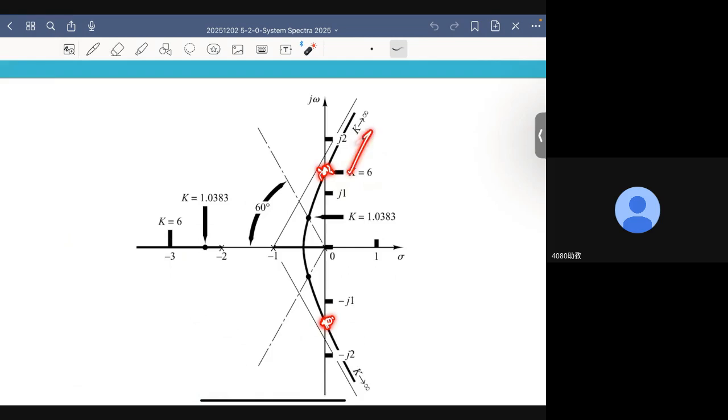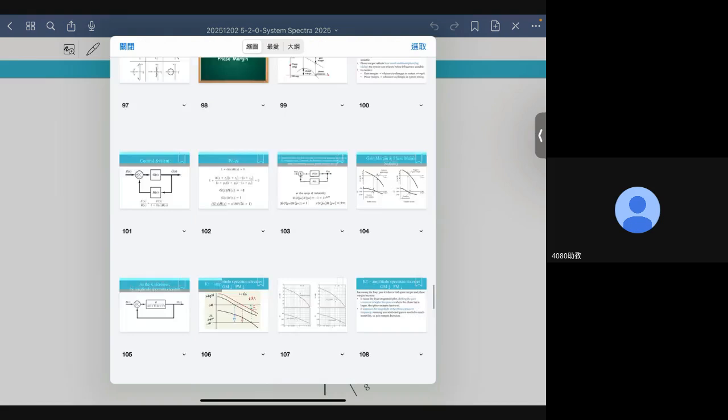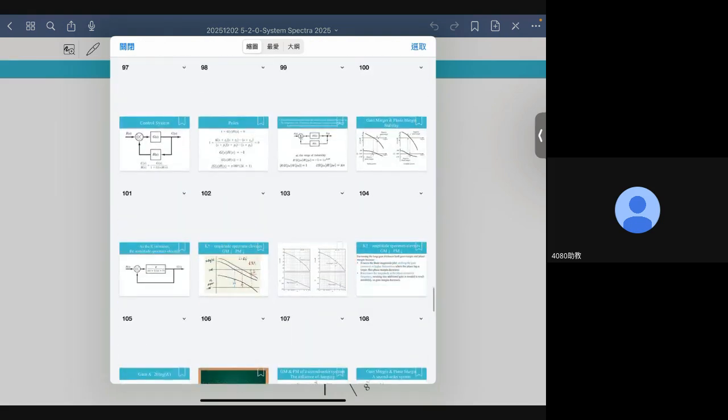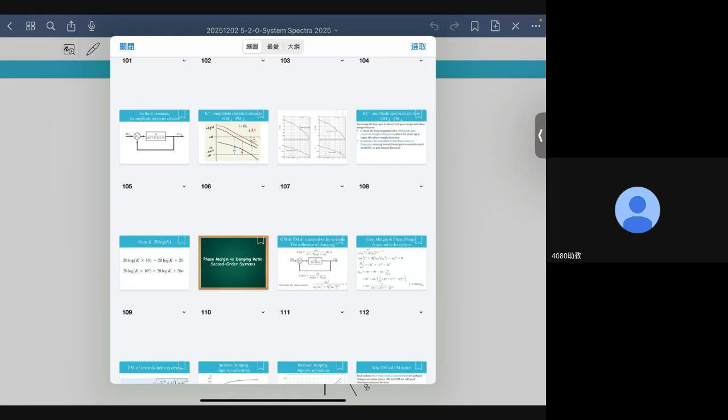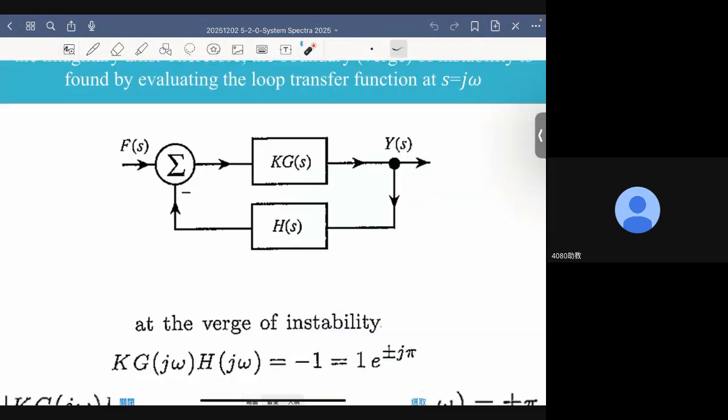If I go one step further, then the system will become unstable, all right? So that is exactly the case that we are considering when we study the gain margin and phase margin, okay?